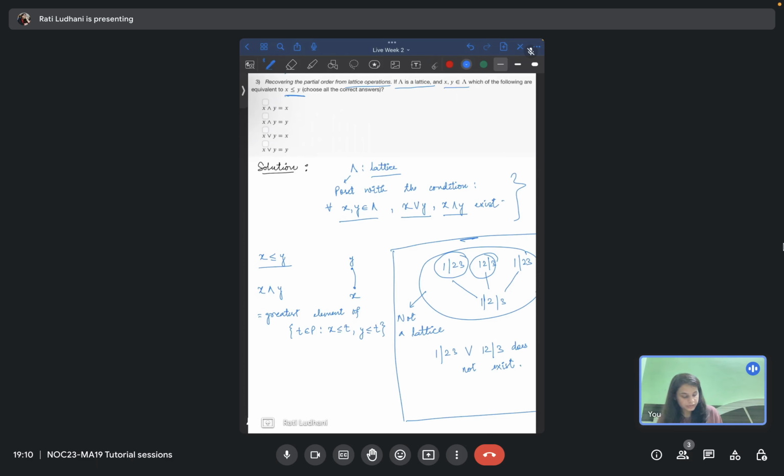Now you have given that y sits above x, so these are comparable, and x is less than or equal to y.